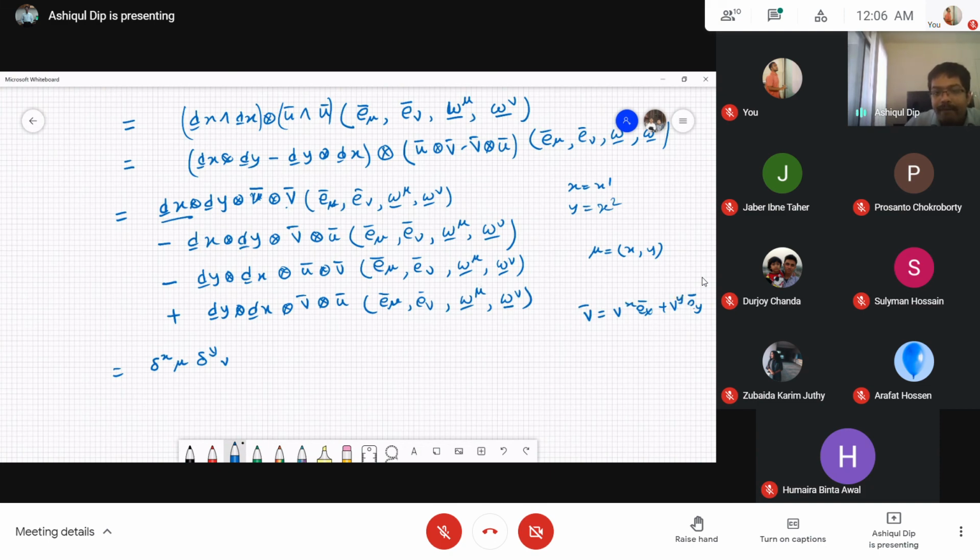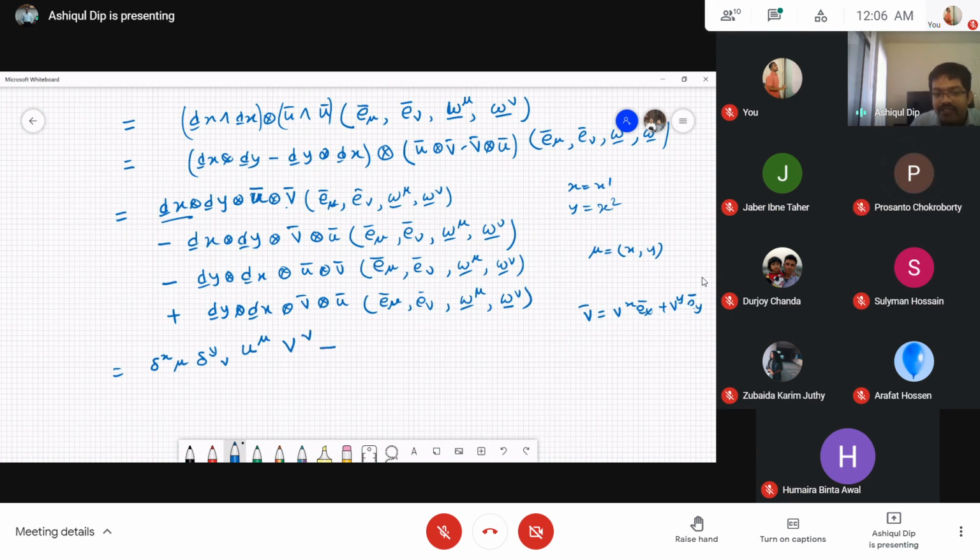Here you cannot actually decide now, so write v mu. Sorry, not v. This one is u, so you have to write u mu. You cannot decide at this moment because it could take 2 different values. So u mu, then v nu.